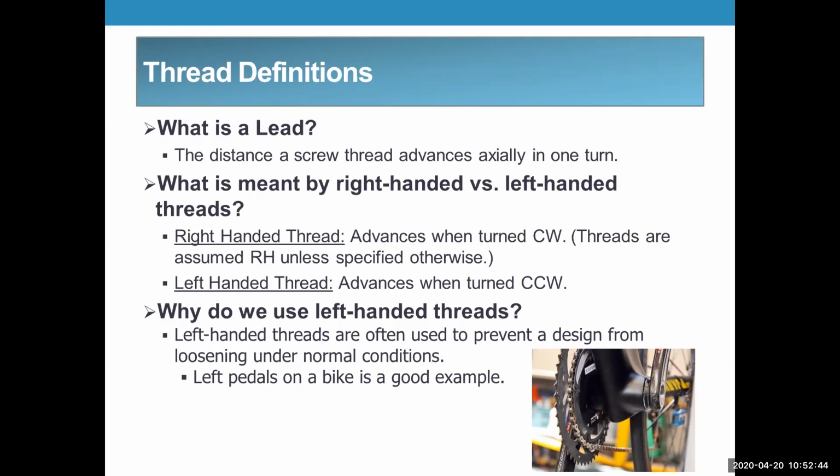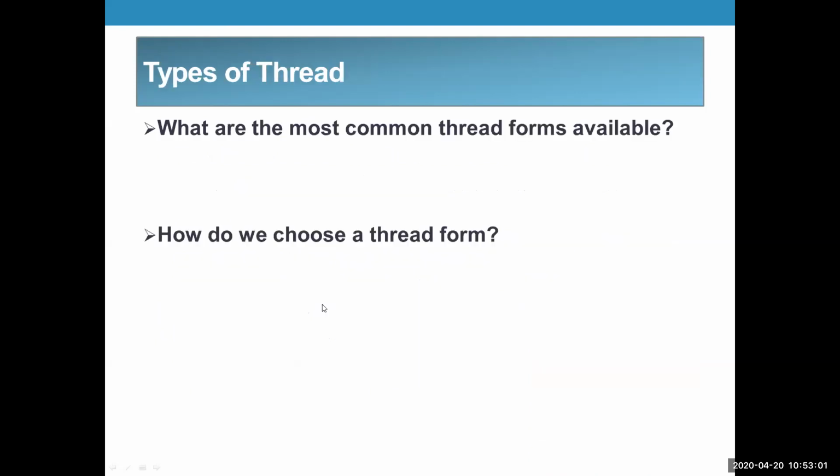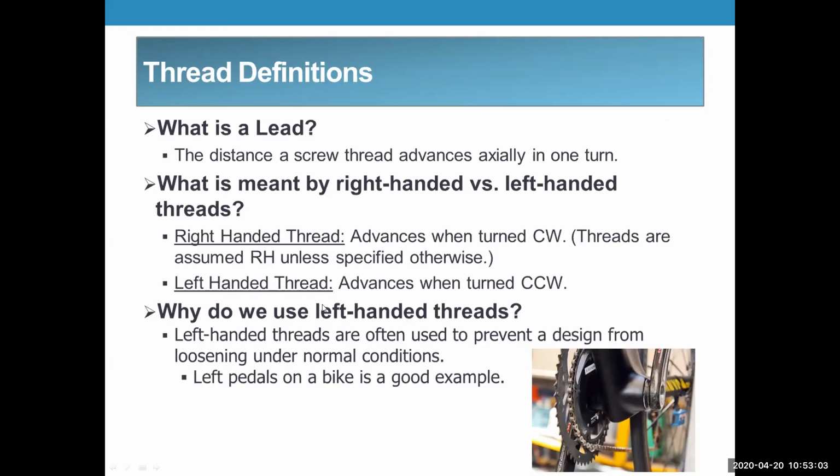Has anybody ever owned a car that had left-hand threads on? Lug nuts. Yeah. Chrysler used to do that. Yep, sure did. I don't recall anybody else, but I'm sure there were others. And then they stopped doing it. I think because they finally realized that wheels weren't flying off any of the other cars that had right-hand threads.